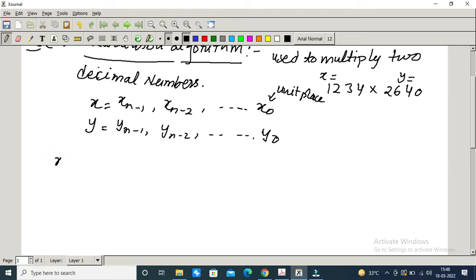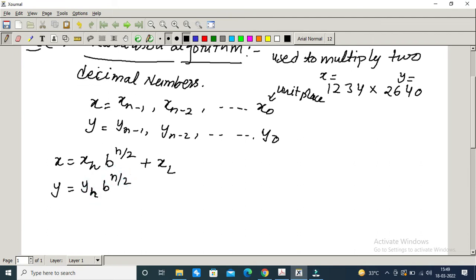They represent x as xh times B to the power n by 2 plus xl, and y as yh times B to the power n by 2 plus yl. Here h denotes high and l denotes low, so xh is the high part and xl is the low part.